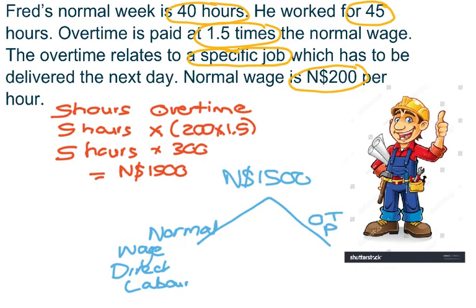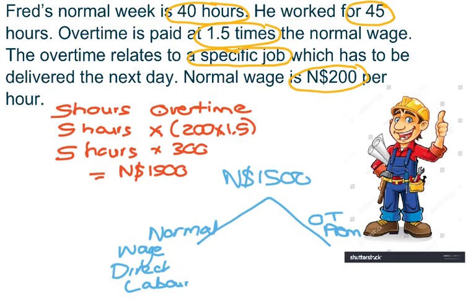overtime premium. All right. Now, your overtime premium can be added to your direct labor cost, or it can be added to my indirect labor or my manufacturing overheads. In this scenario, it's a specific job, so that overtime premium will now be added to my direct labor.